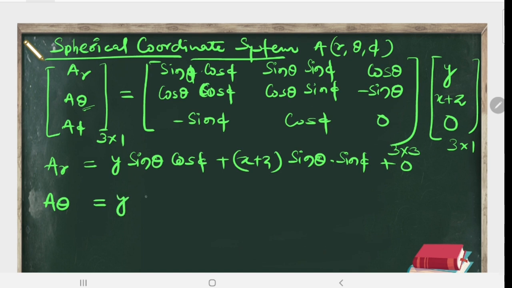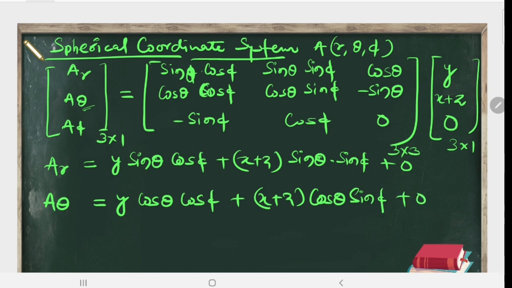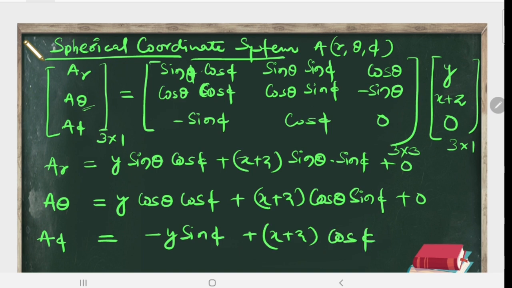So you will get y cos theta cos phi plus x plus z cos theta sin phi, and this is 0. And at the end the phi component will be minus y sin phi plus x plus z cos phi.